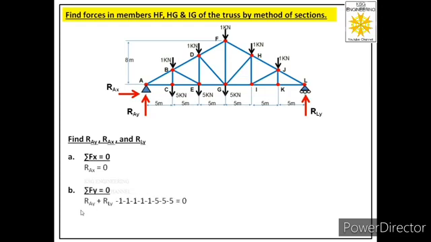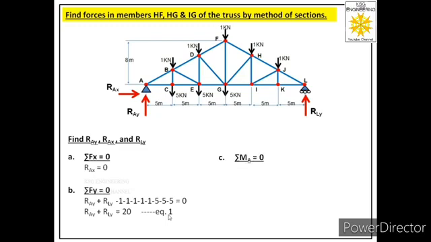The equation will be RAY plus RLY minus 1 minus 1 minus 1 minus 1 minus 1 minus 5 minus 5 minus 5 equal to 0. From here we get one equation, RAY plus RLY equal to 20. In this equation we have two unknowns, so we cannot solve it; let us call this equation number 1 for the time being.